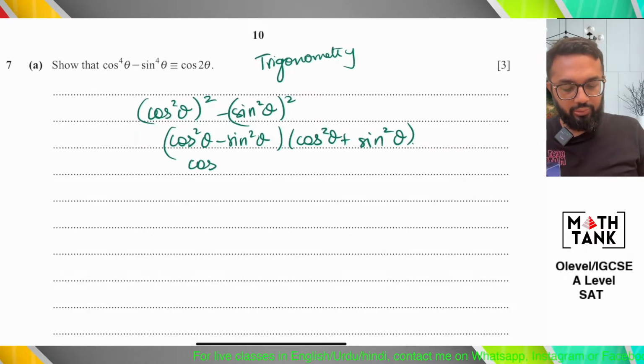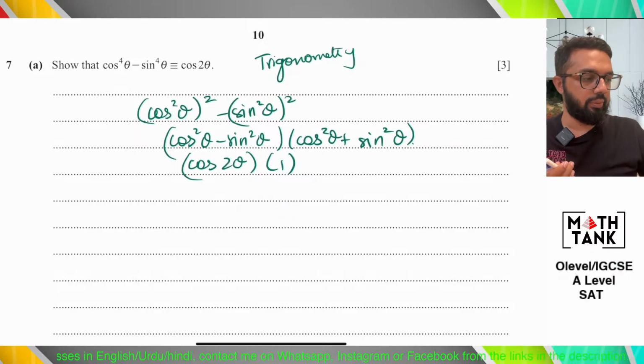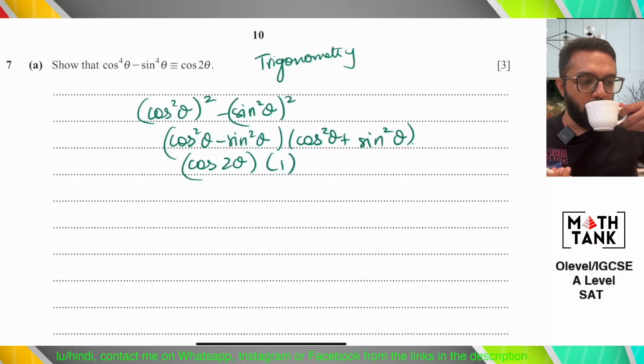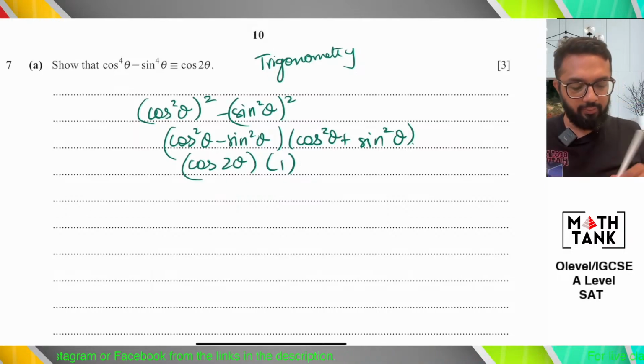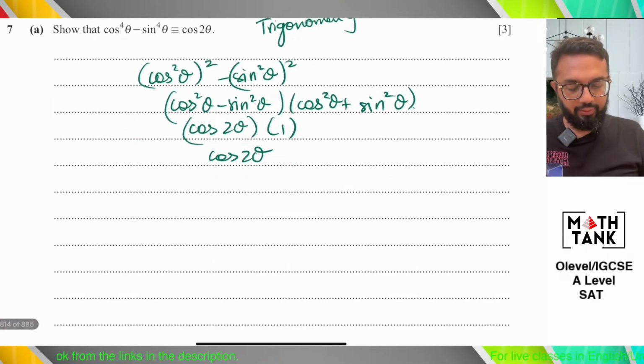Okay, so that becomes cos 2 theta, and that becomes cos 2 theta.